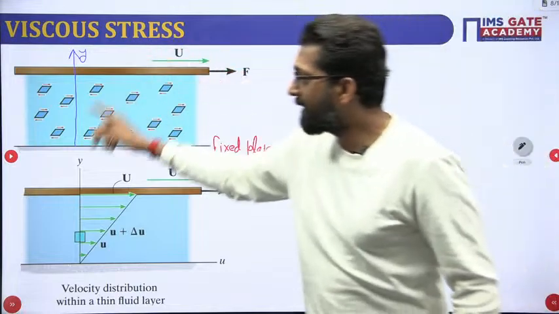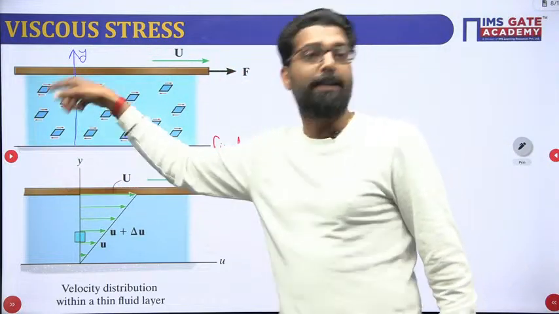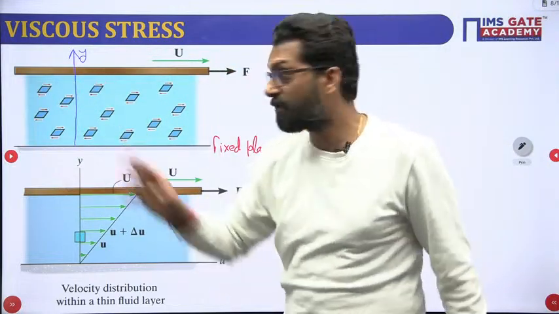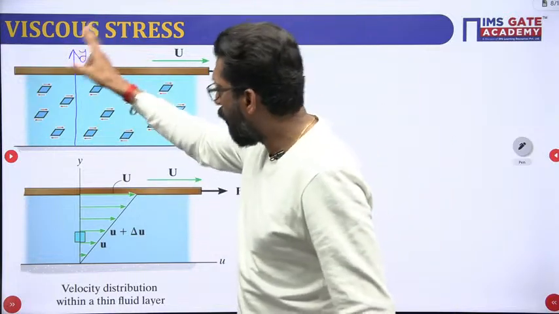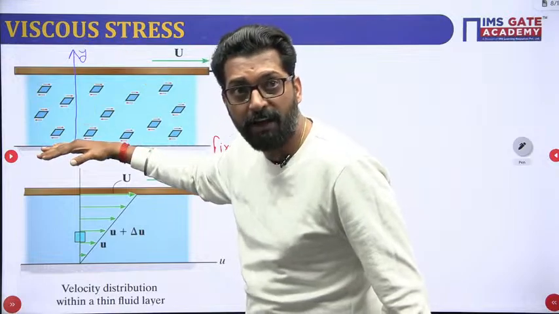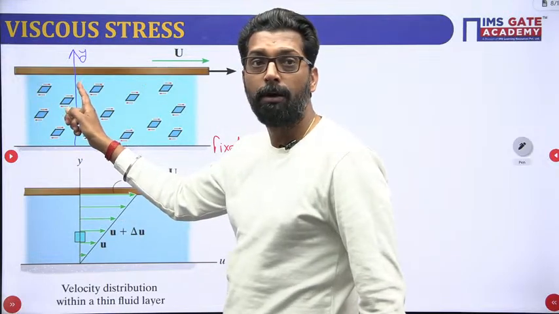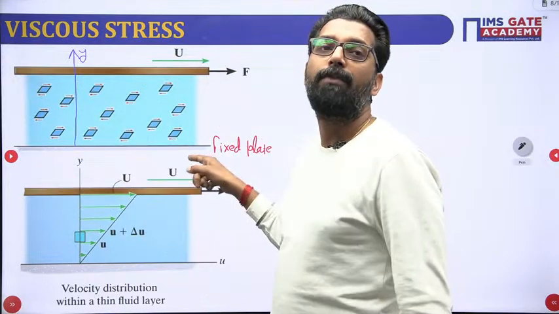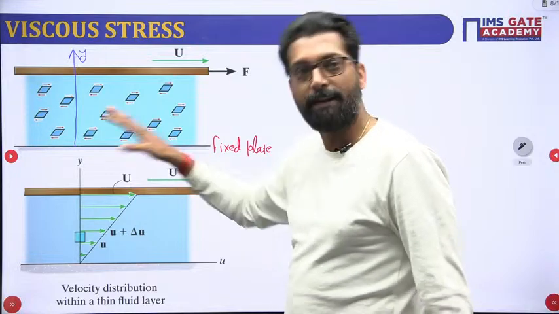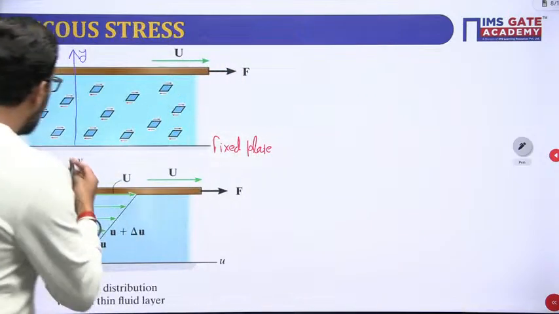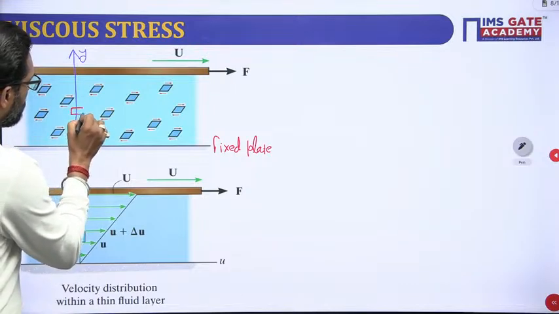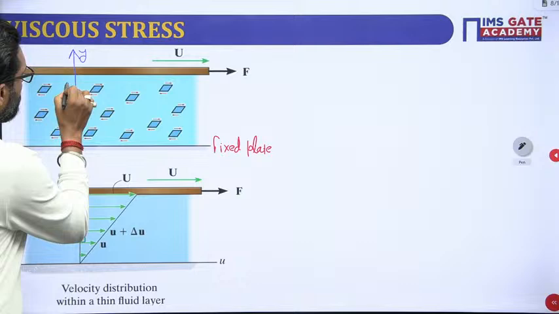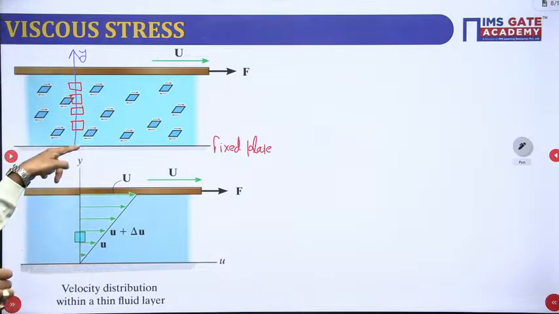This y is measured from the fixed surface to the fluid at 90 degrees from the surface. That is always fixed. So these are the y components. If you take this fluid element like that at this position, it is because there is no movement. This is the element of the fluid.